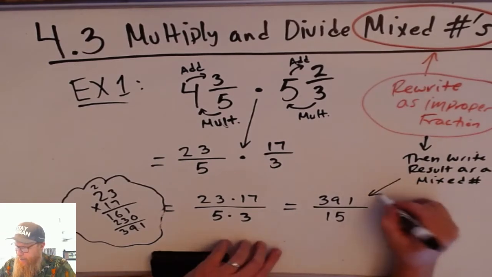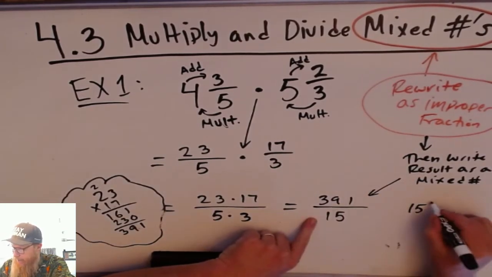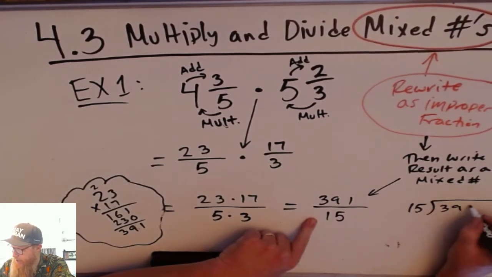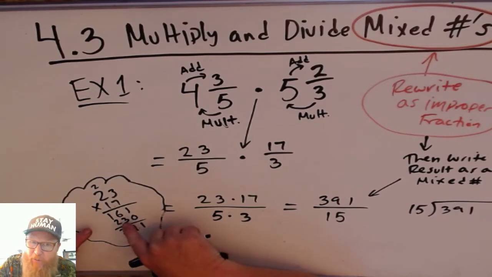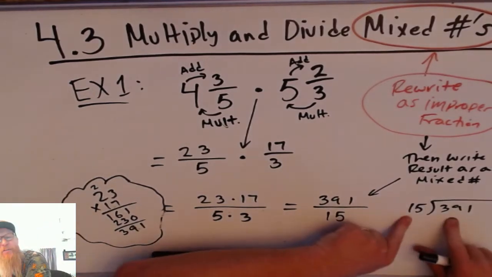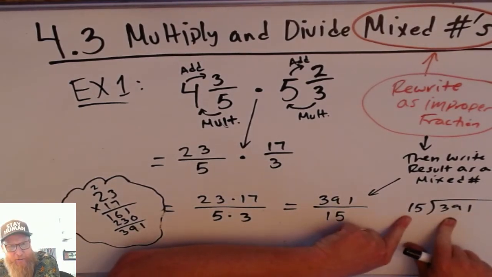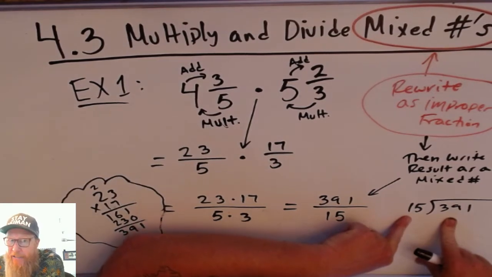So now we want to write this as a mixed number. So we've got 15 into 391. Now you can do this with a calculator. Multiplying. Calculators work great for multiplying. Do not do the division on your calculator. You will not get the right answer if you try to use your calculator for the division.